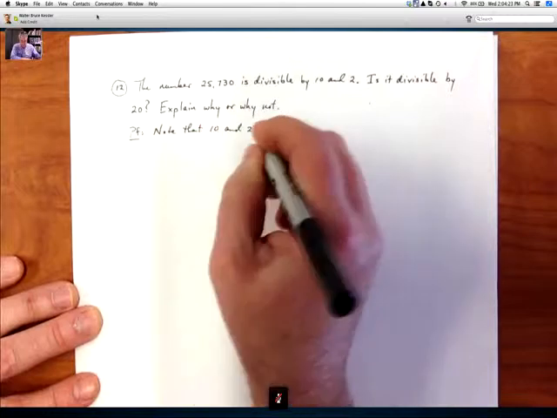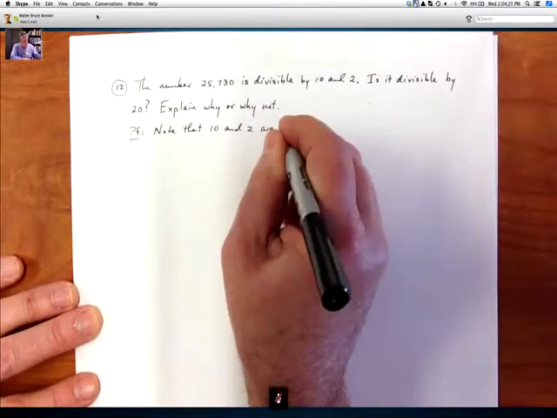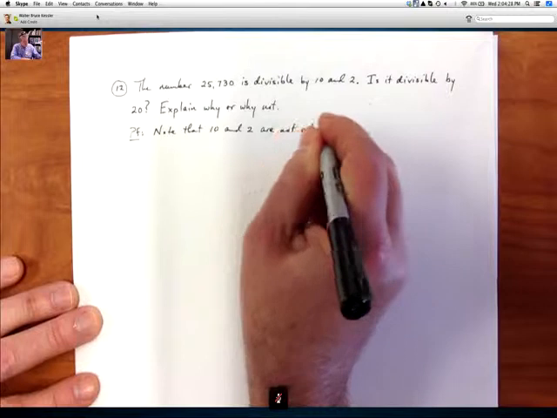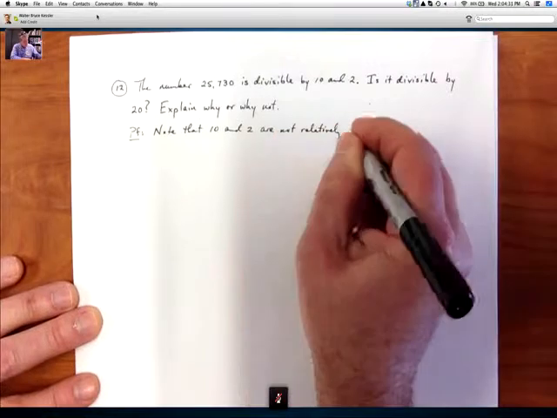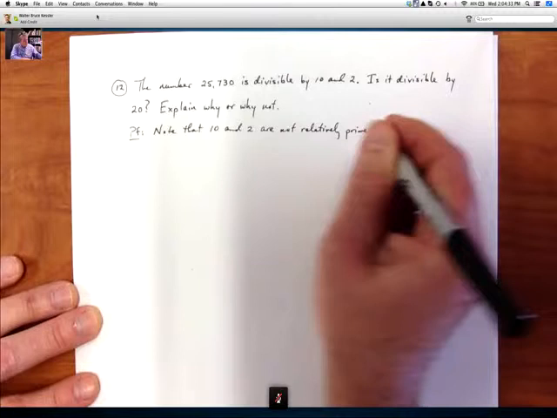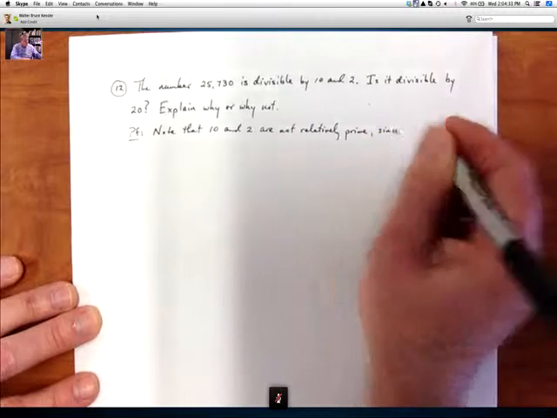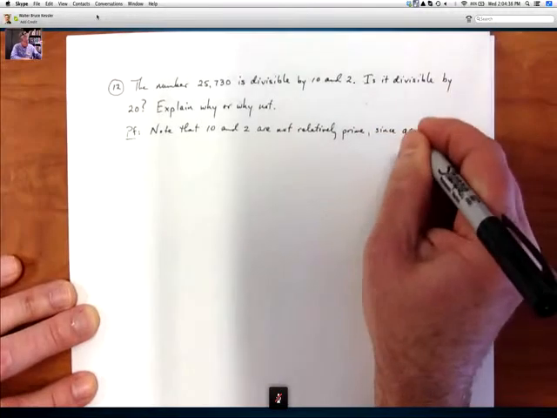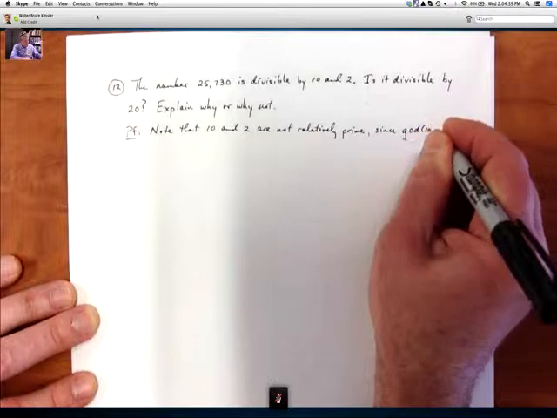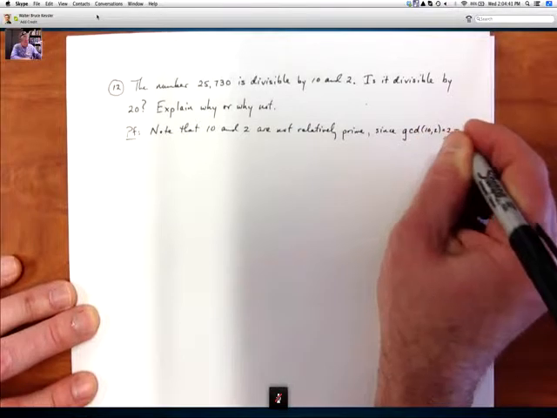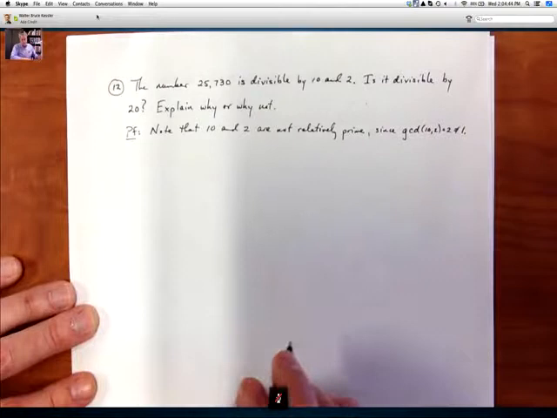10 and 2 are not relatively prime. You look at the greatest common divisor of 10 and 2, it's 2, which is not equal to 1, right?